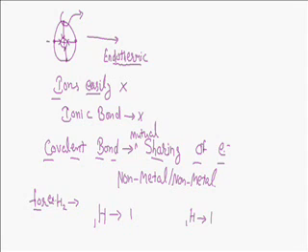I can represent these hydrogen atoms by the Lewis representation also. The Lewis representation for one hydrogen atom will be the symbol of hydrogen with one electron in the form of a dot. For the other hydrogen atom, the symbol and one valence electron, I can represent by a cross this time to differentiate the electrons of these two different hydrogen atoms.